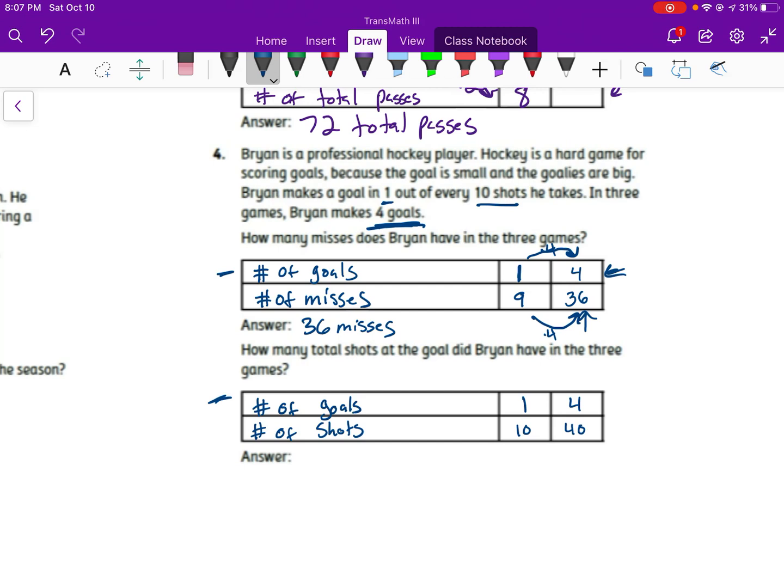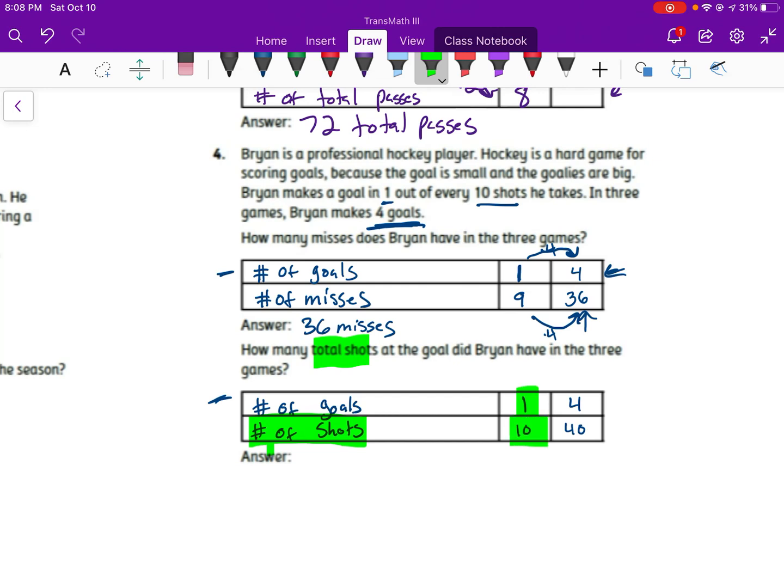Okay, second part of that question: how many total shots at the goal did Brian have in the 3 games? Again, we know he scored 1 goal and 4 goals over that 3-game period. Now we're talking the total shots, number of shots. So that initial ratio, that 1 out of every 10 shots, we can use that one here. 1 out of every 10 total shots.